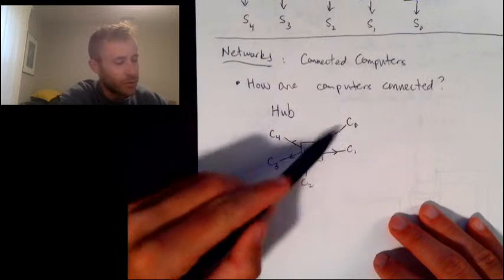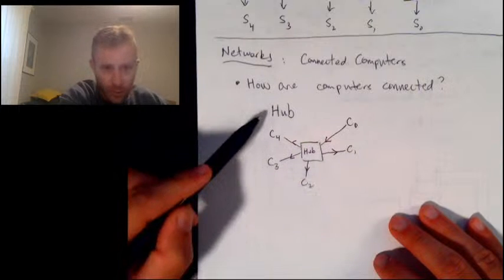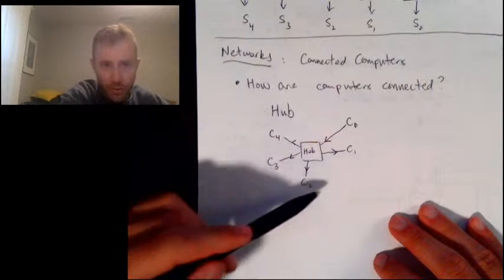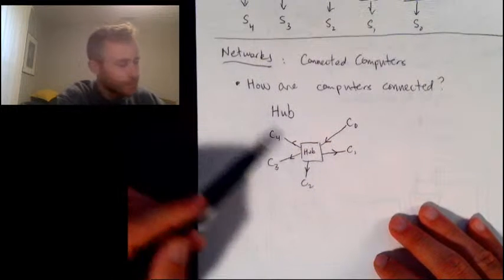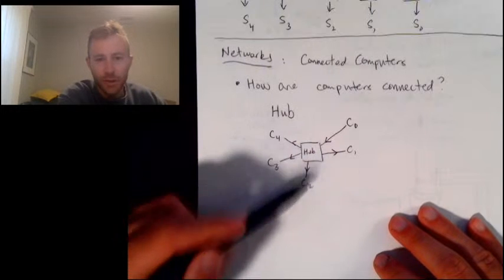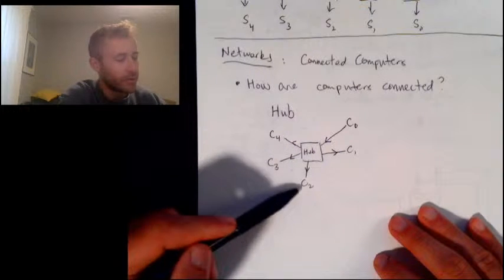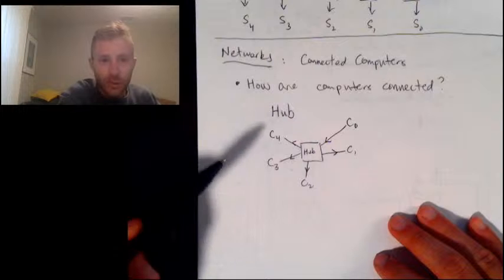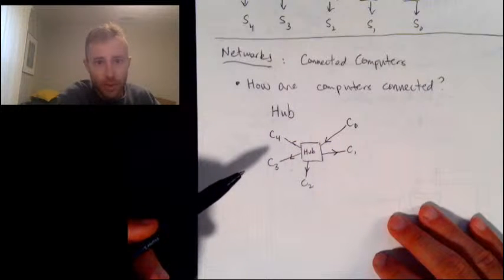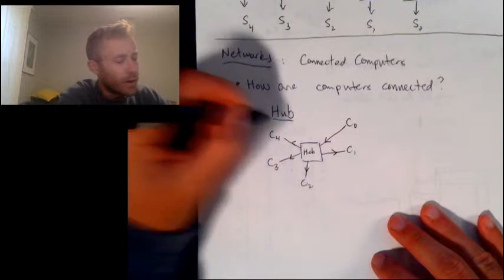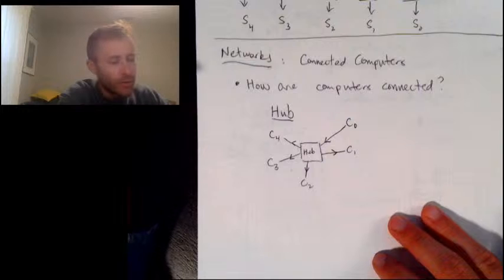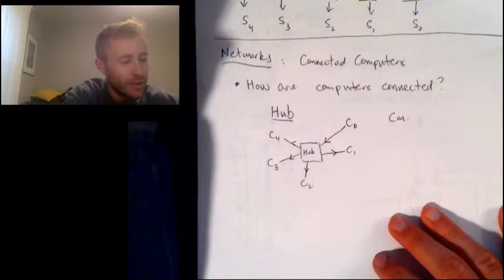Even though this message is intended for one of the other computers in the network, the hub will send the message out to everyone, and 3 out of the 4 are just going to ignore the message. So the con of a hub is that it is inefficient.